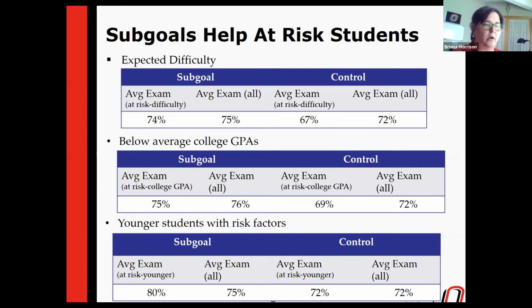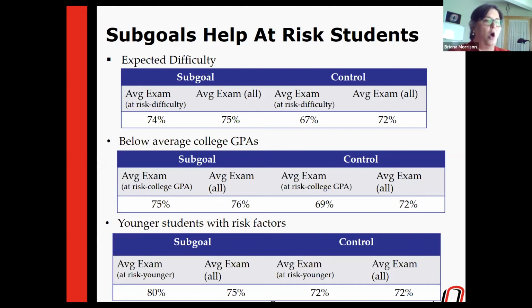One of the reasons we looked at younger students is that my particular university has a great deal of non-traditional students, and we think that older students probably have better metacognitive skills and know how to study better over time. So we wanted to compare those that were younger versus those that were older. What you can see is the students in the subgoal group typically performed better, or had about the same difference in how they performed on the exams versus the control groups, right?